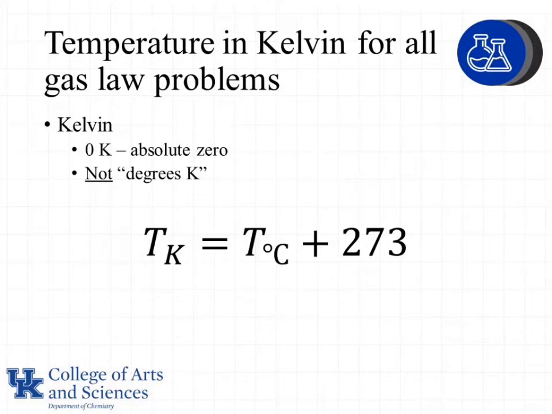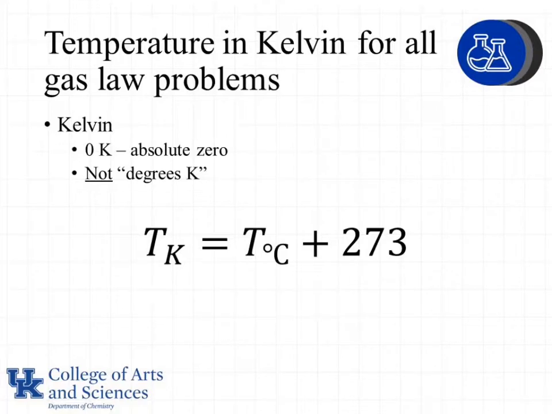We cannot get below 0 Kelvin. When we talked about isomers and molecules rotating and turning and twisting, we talked about them moving around. At 0 Kelvin, those molecular motions stop completely. Note that it is not degrees Kelvin, it is just Kelvin. There is no negative Kelvin. 0 is as low as we go.